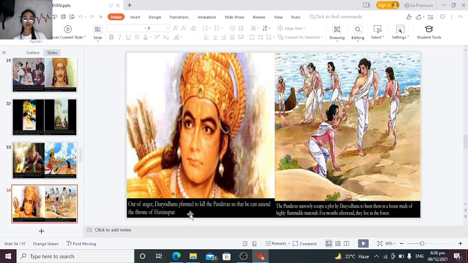Out of anger, Duryodhana planned to kill the Pandavas so that he can ascend the throne of Hastinapur. However, the Pandavas narrowly escaped a plot by Duryodhana to burn them in a house made of highly inflammable materials. Four months afterward, they live in the forest.